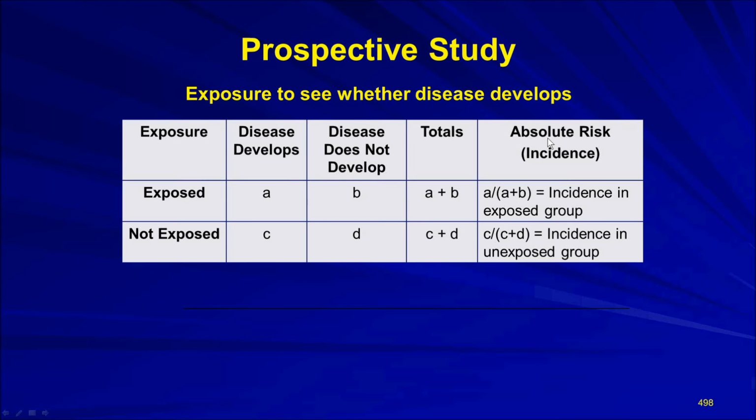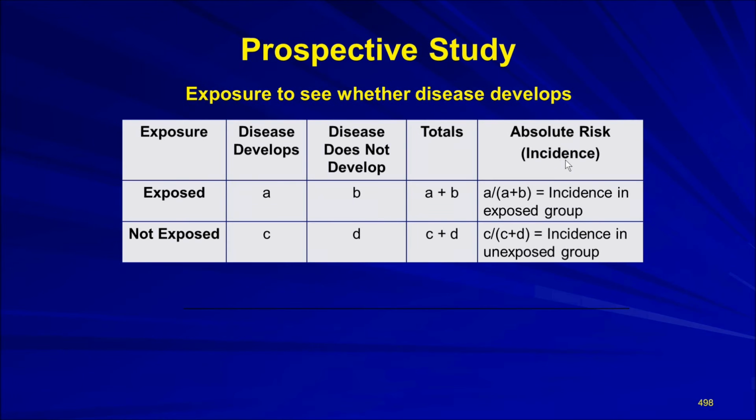All calculations are done with absolute risk. And you can see the absolute risk for the exposed group and how to calculate it, and the absolute risk from the unexposed group and how to calculate it. Now, I have said nothing new to you because you know how to calculate absolute risk or incidence rate.